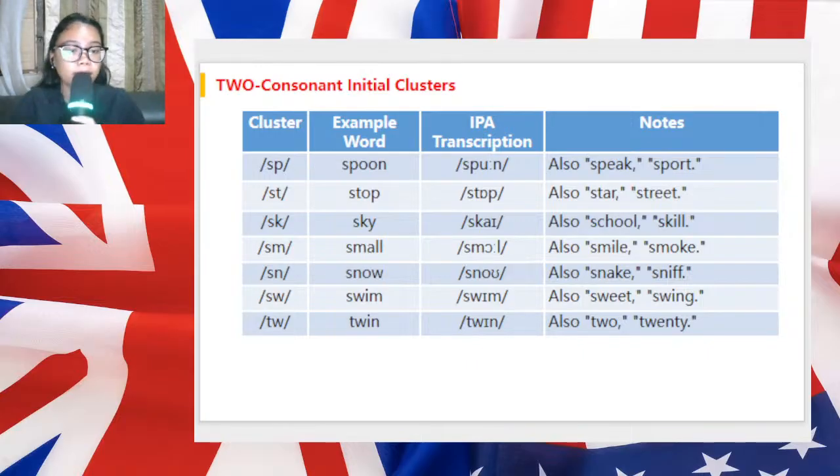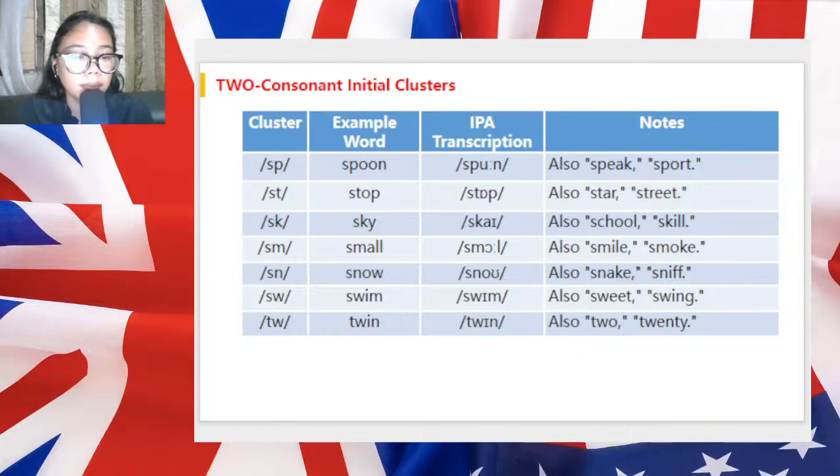So it's small. Pay attention to how your lips close for the M immediately after the S sound begins. This smooth nasal connection is key. Other words with this cluster include smile and smoke. So try small, smile, smoke together, focusing on that natural SM.